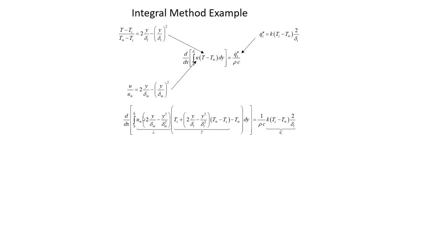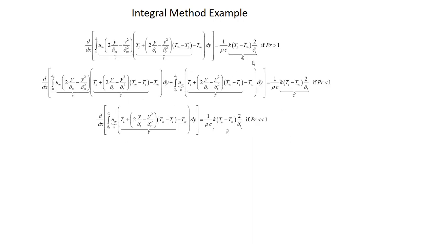And if you remember what we talked about in terms of Prandtl number, fluids with a large Prandtl number are going to have a larger momentum boundary layer thickness than thermal boundary layer thickness. So as I've set this equation up right here, it's valid for Prandtl number greater than 1.